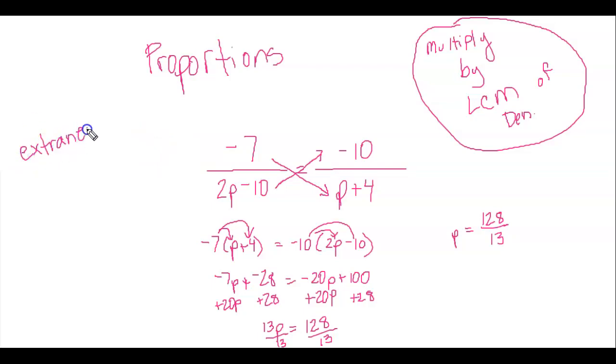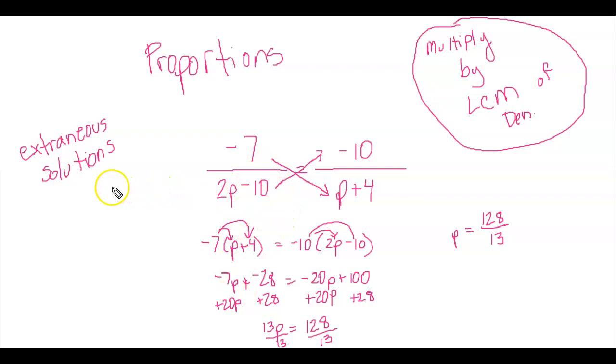extraneous solutions. We've run into these before. If you recall, when we did exponentials and logs and different equations, sometimes we end up with a polynomial or some other type of equation that can have multiple answers, but one of those answers doesn't work or none of the answers actually work.